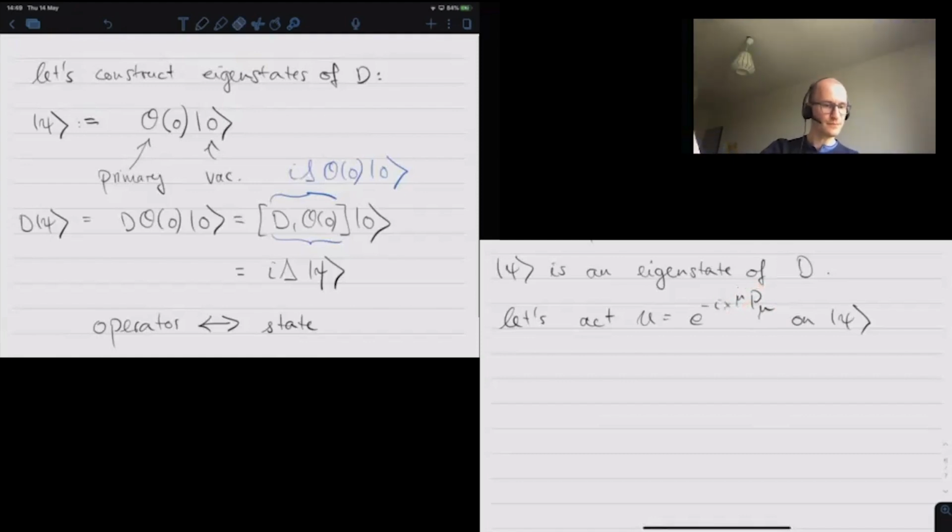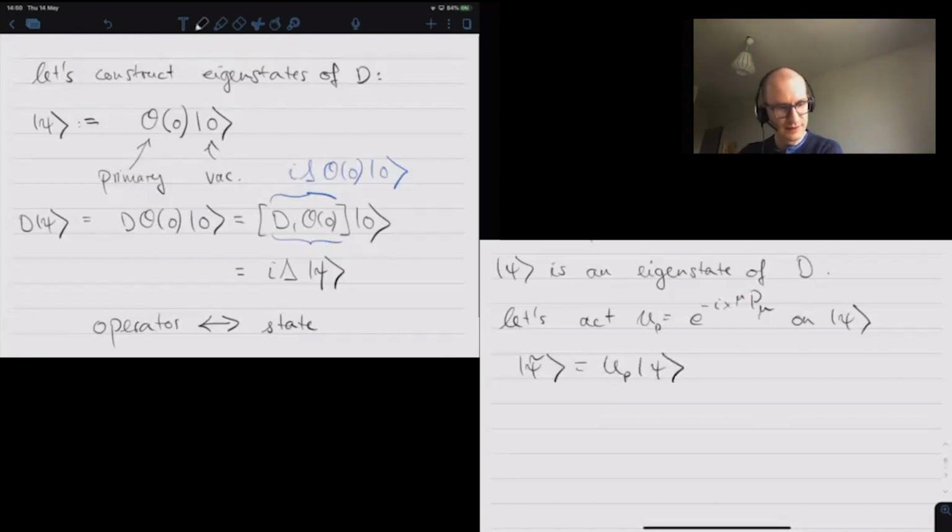Okay. So then psi as a time evolved state, psi tilde, is equal to the time evolution operator U, I can call that U of x, acting on psi.